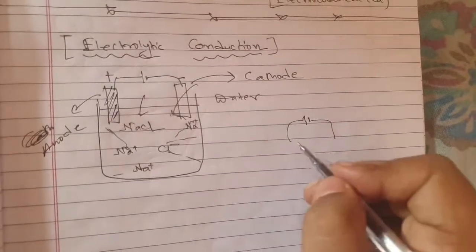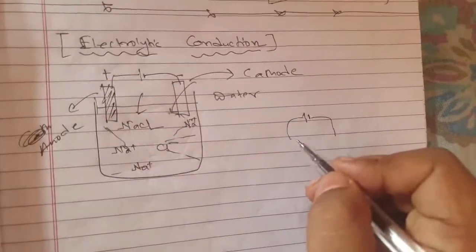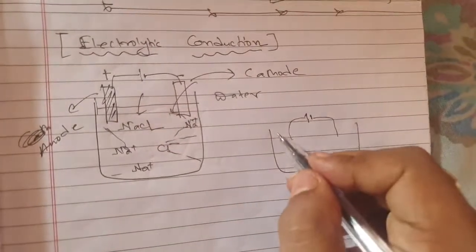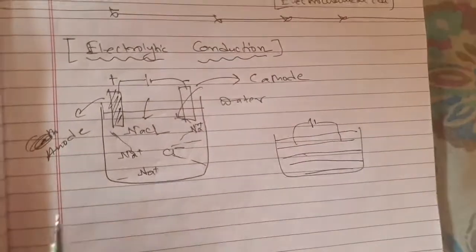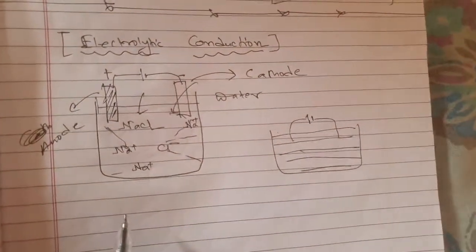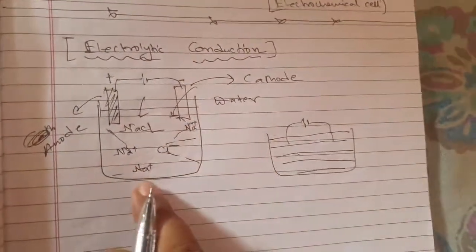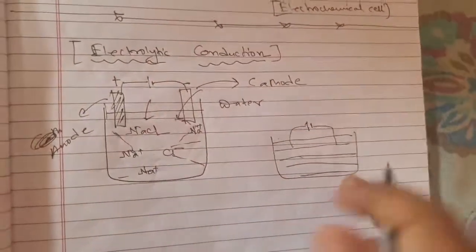No, there will be no conduction of electricity because the circuit is not on. If I put pure water here, still no conduction will be there, because pure water is a bad conductor of electricity. Bad conductor, but not a non-conductor. Don't think it is a non-conductor.